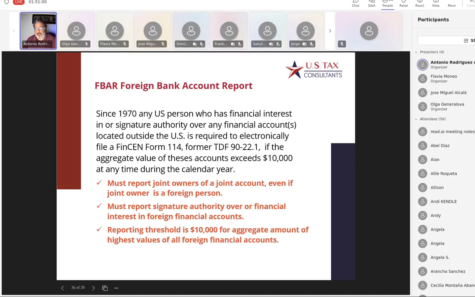So there are more accounts than the ones you declare in the FATCA declaration. And if the maximum balance of all those accounts together is over $10,000, I'm talking about foreign accounts, okay? If they are more than 10,000 at any time during the year, then you have to declare the FBAR.